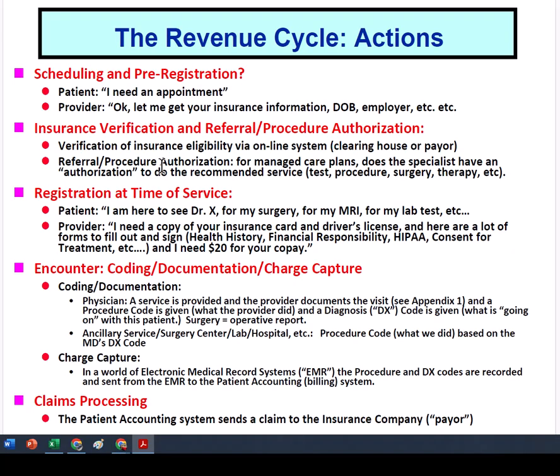You may need a referral to have the services done if you're in a capitated or an HMO plan, and even if you're in a PPO plan, you may need an authorization. Most PPOs require authorization for expensive things like MRIs and surgical services, right? You need authorization.